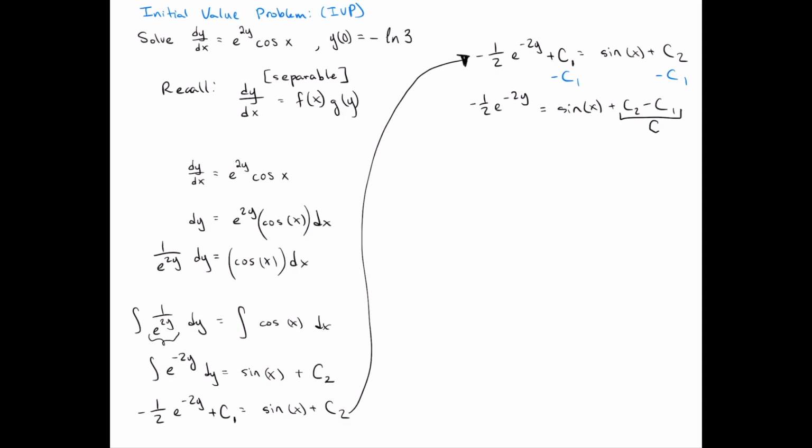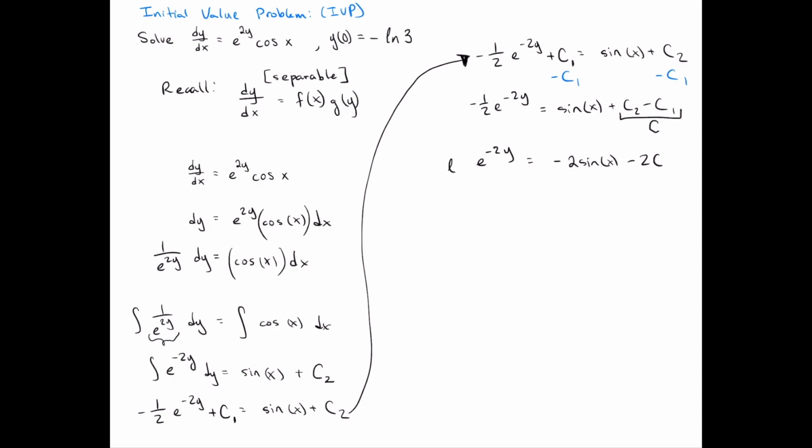And let's continue to solve for y. So next we'll divide negative 1/2 on both sides to get negative 2 sine x minus 2c.